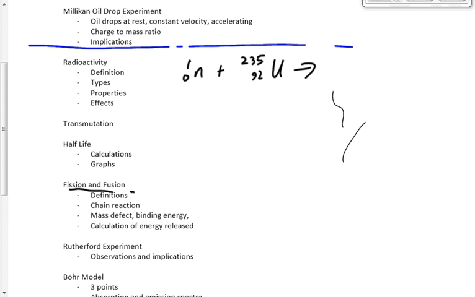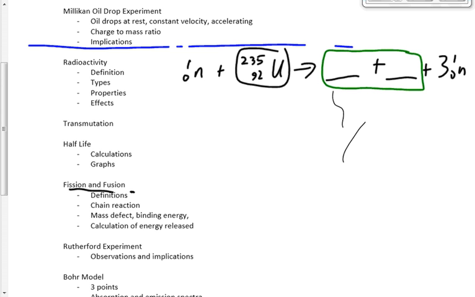There's a few examples that it could be. Bottom line is, one thing splits up into 2 things. By the way, that number 3 isn't always a number 3, is it? We have to make sure we balance everything. That's fission. Fusion is exactly the opposite.